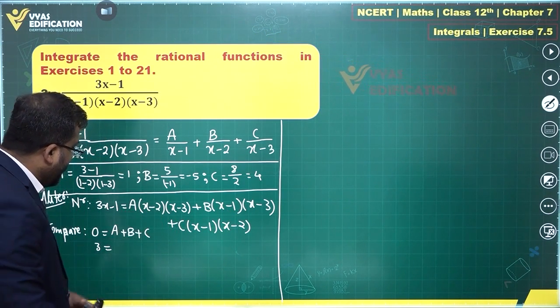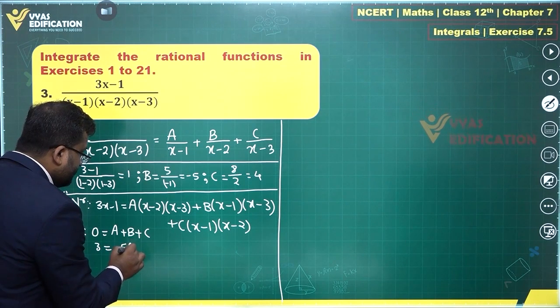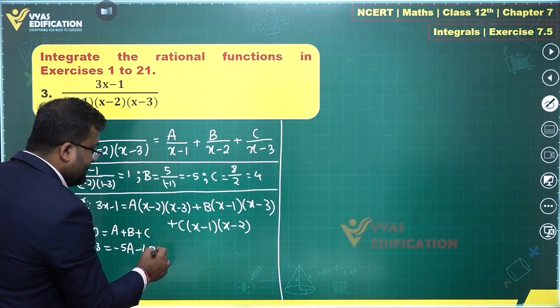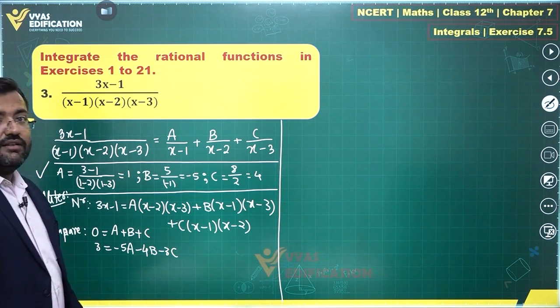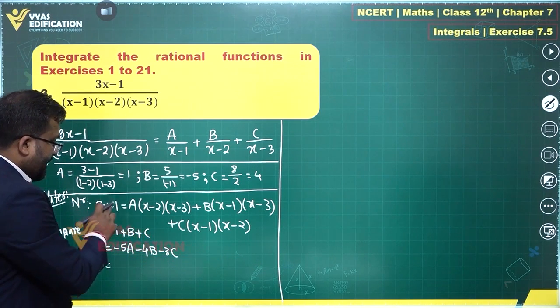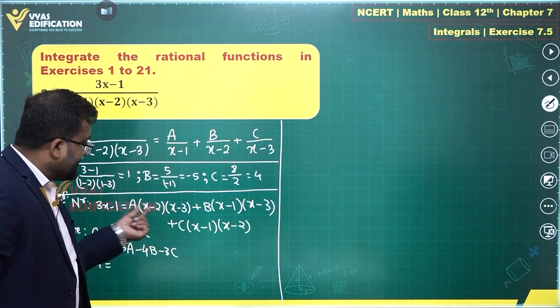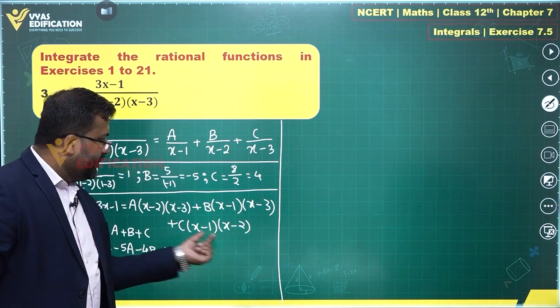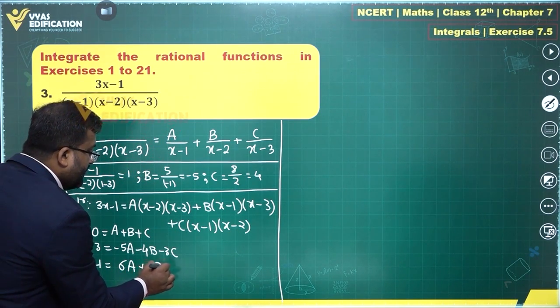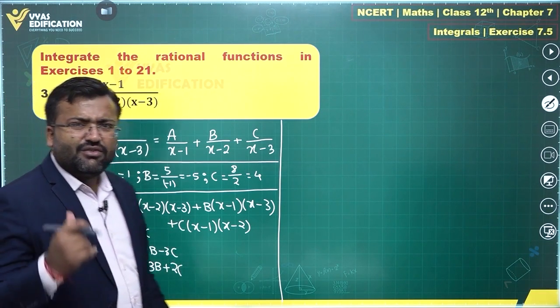So minus 5A, minus 4B, minus 3C is what I'll be getting. This is the next thing. And the last, the constant term, is minus 1, which is equal to 6A, 3B, 2C.